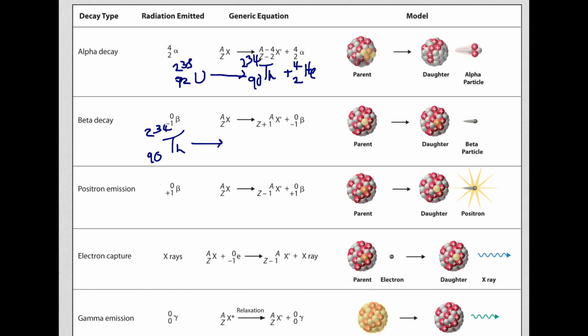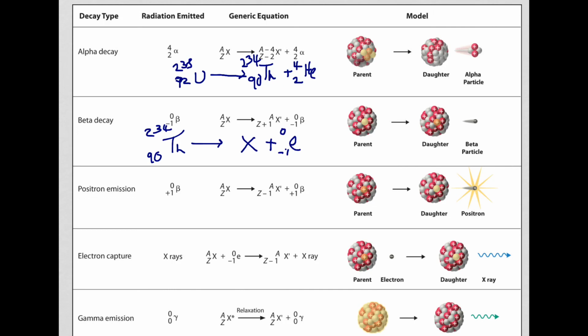So we're going to get a new element out. In this case I don't actually know the element, so I'm going to use X. So it's mystery element X, plus I'm going to get my beta out. Now again, the book initially writes it as beta and then moves on to writing it as e, but I'm going to write it as e. And we know that it has no mass and minus 1 charge from what we did earlier on.